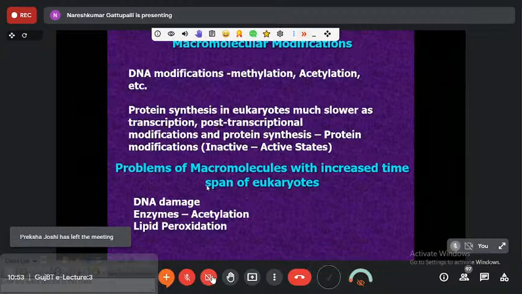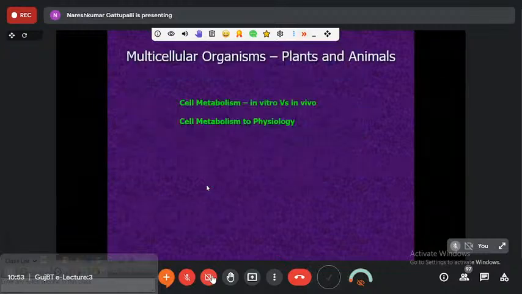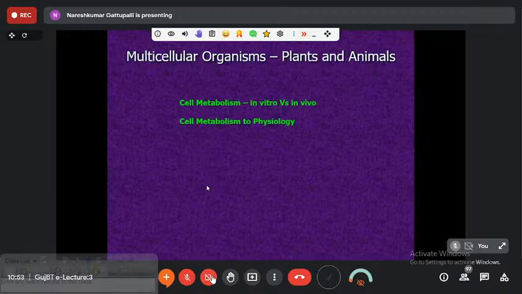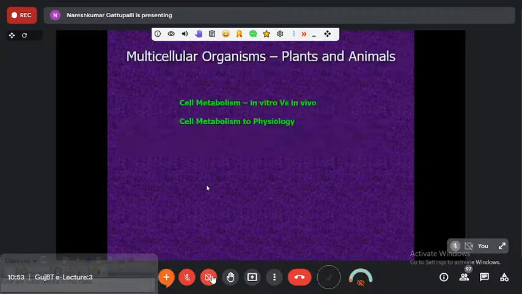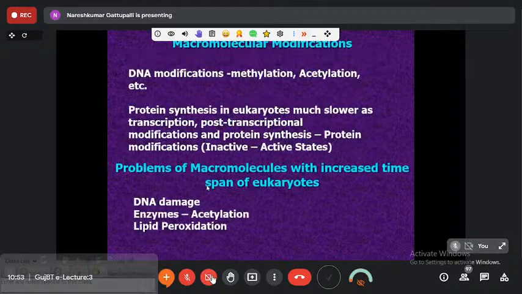So in eukaryotic systems, the metabolism is geared more towards maintaining these complex structures and coordinating the requirements within the different cellular compartments.